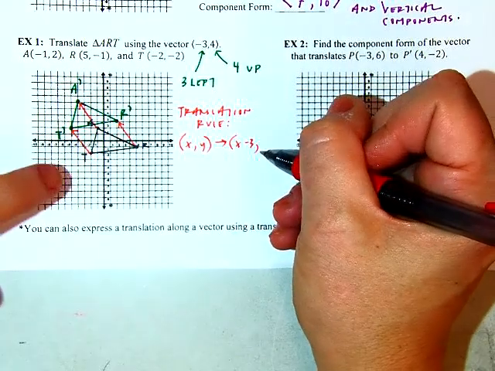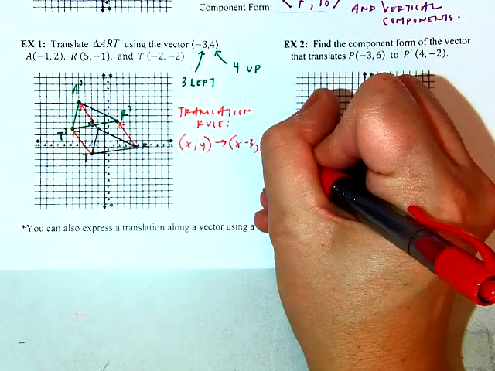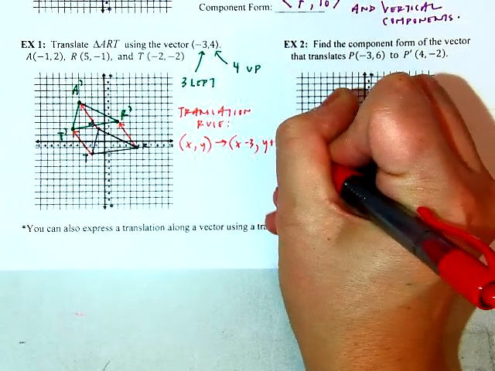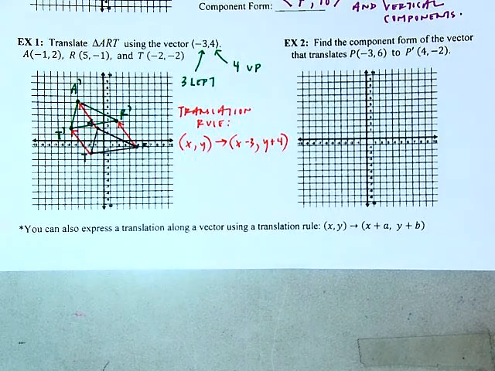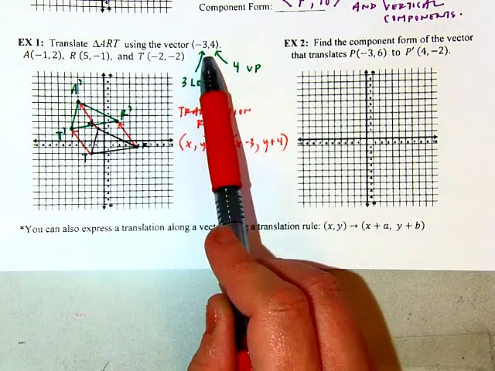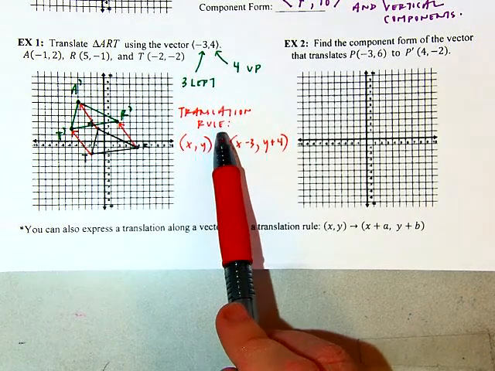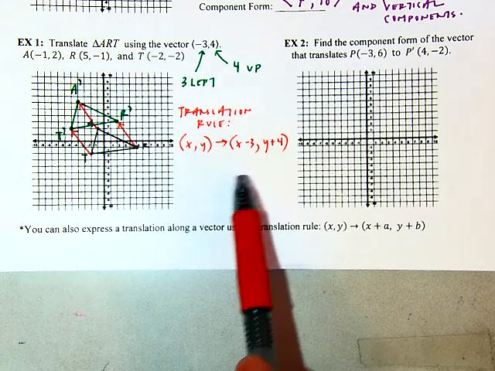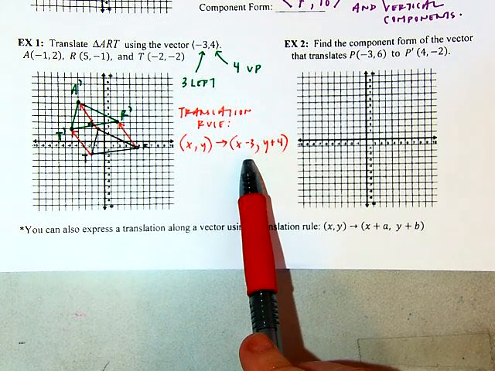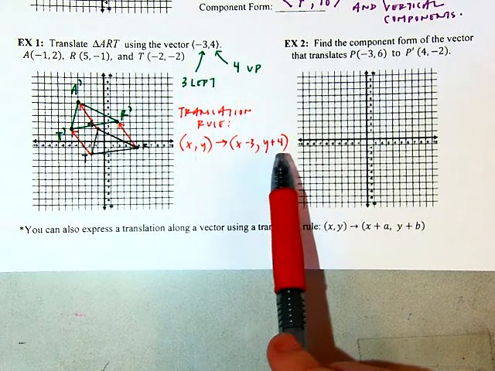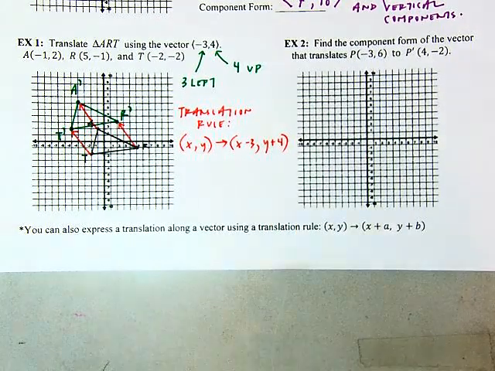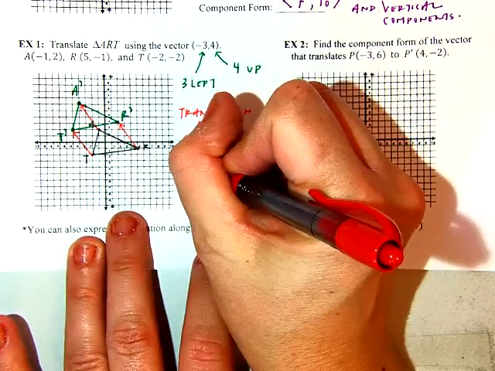And each y value is increasing by 4. So right here, this is an equivalent statement to what we saw over here. So using the translation rule, we're saying each point is going to move 3 left and 4 up. So again, this is just an equivalent structure. This is the translation rule.